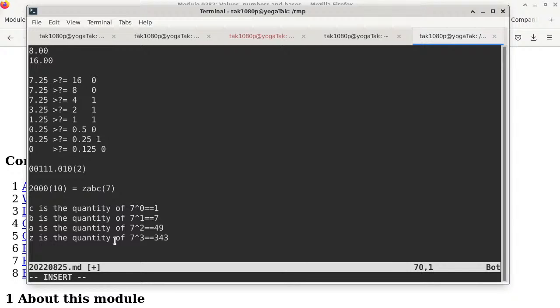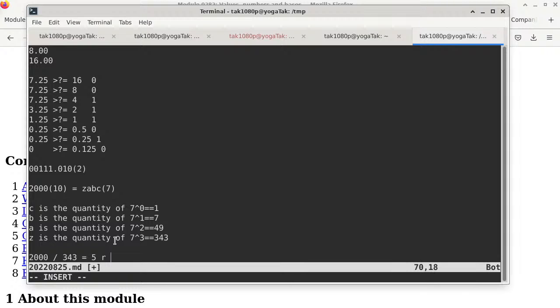Okay. All right. So now we say, what is 2000 in base 10 divided by 343? The quotient is 5 with a remainder of... Okay, let's see if we can do mental math really quick. So 5 times 343 is... okay, my mental math sucks.